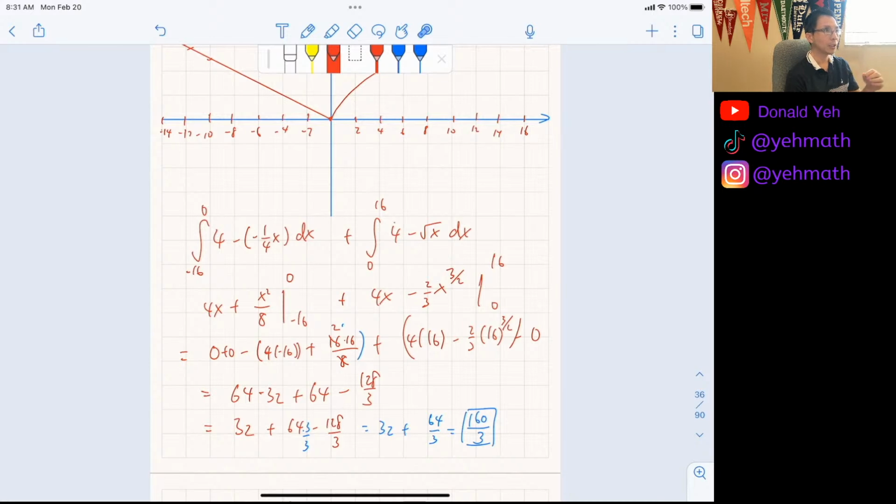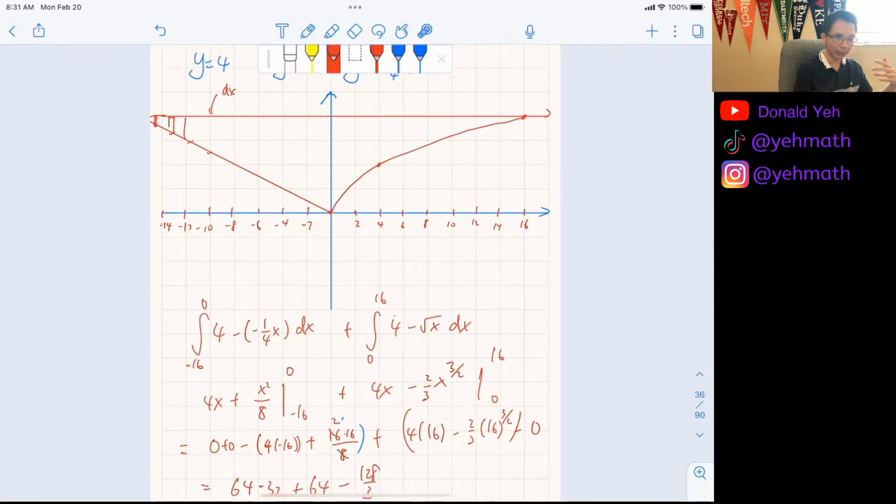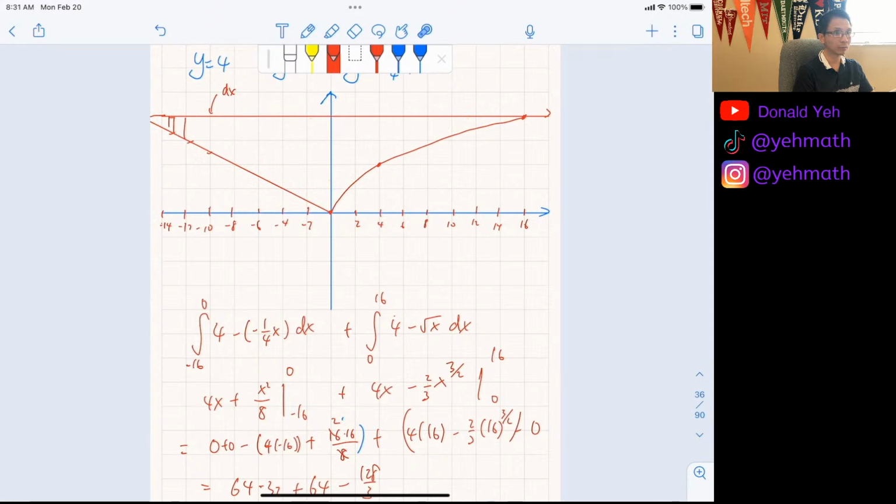So what if I turn the paper 90 degrees counterclockwise? Is it possible to look at it from a different perspective? So what I'm going to offer you, instead of looking at dx this way, it's possible to look at a different perspective in terms of dy.